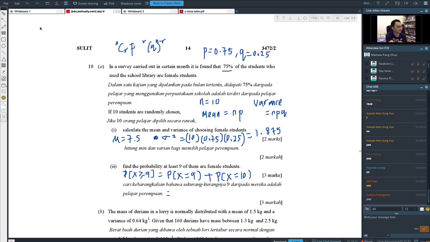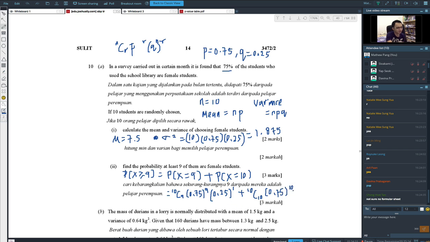Alright, so this one is 10C9. My P is basically 0.75 and r is just 9, and my Q is 0.25 and 10 minus 9 is 1. So plus the next one, 10C10 and then 0.75 to the power of 10, 0.25 to the power of 0.